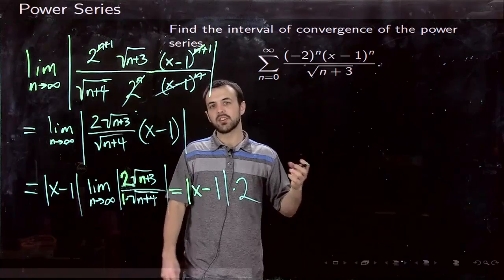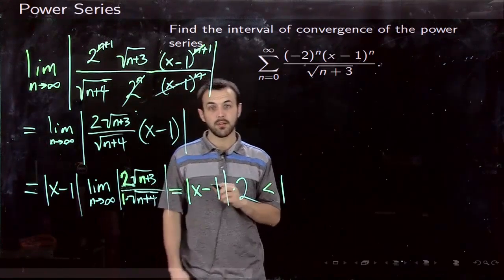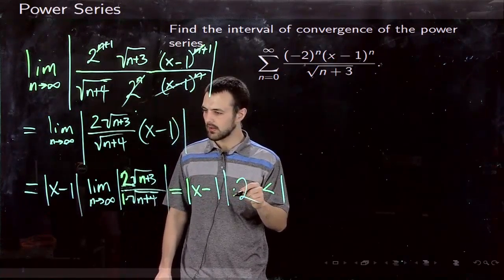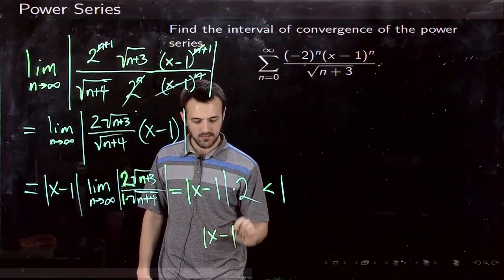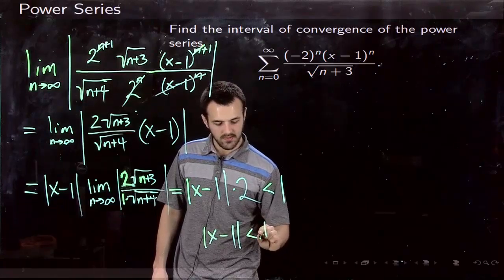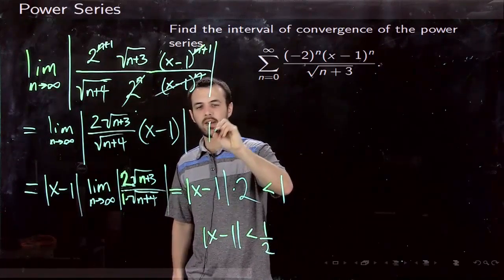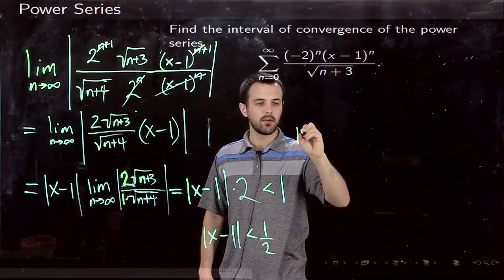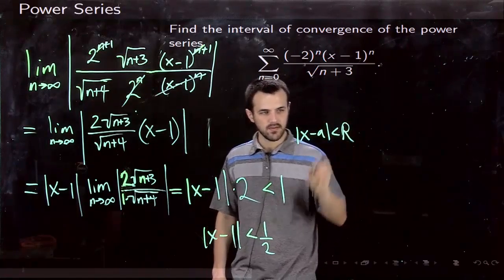Again, the ratio test says that this will converge when it's less than 1. And so if we divide by 2 on both sides, we get absolute value of x minus 1 is less than 1/2. The formula is absolute value of x minus a is less than the radius, where a is the center.